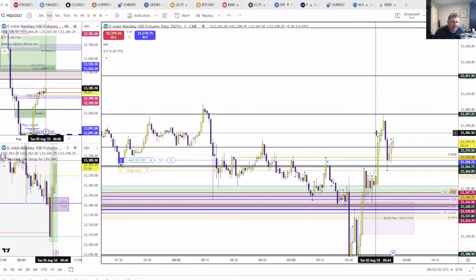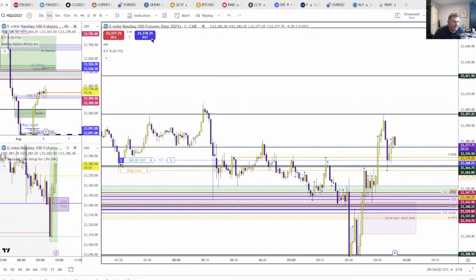Internal range. I just hit that little level right there. I'll move, take one out, and move to break even.